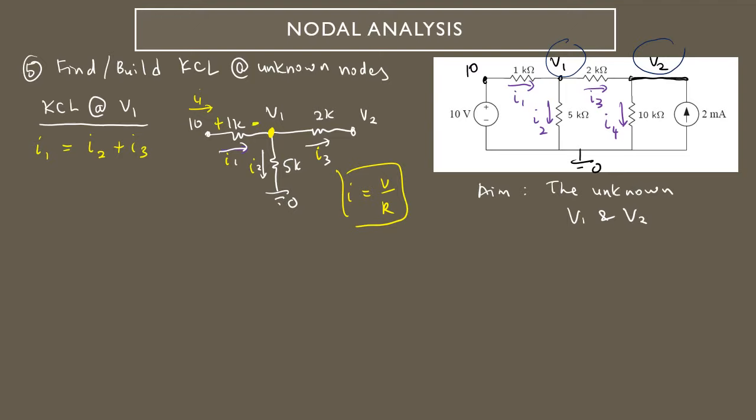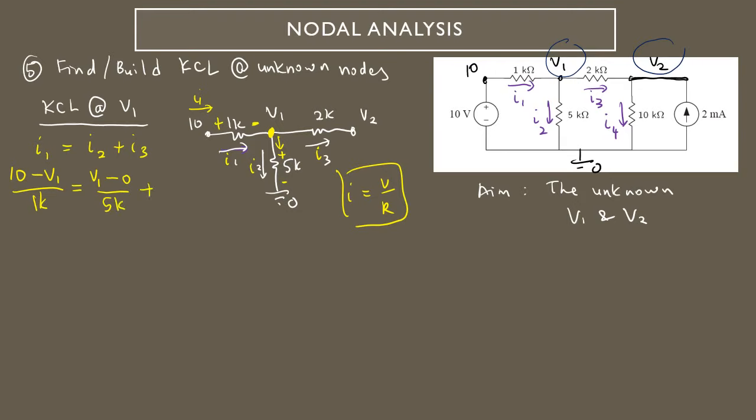So you know that higher polarity minus lower polarity, then minus V1 divided by R of 1 kilo ohm equals I2. Higher polarity, which is the plus sign here, V1, minus the lower polarity, 0, divided by 5K. Then plus I3.